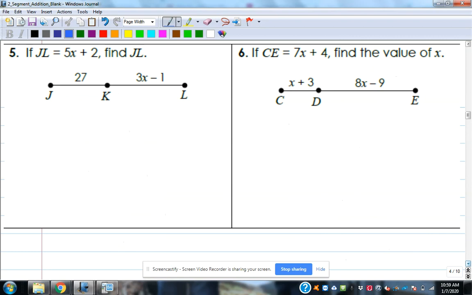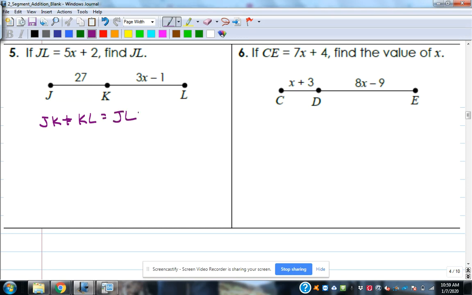JL is 5x plus 2. Find JL, the length of JL. So what do we do? Write out that thing. So what would that thing be? Good.